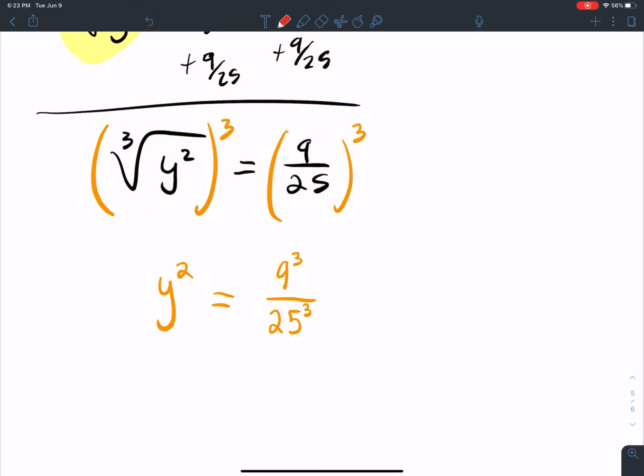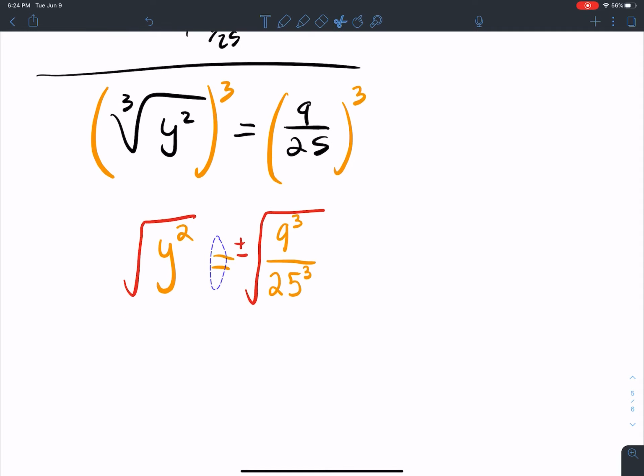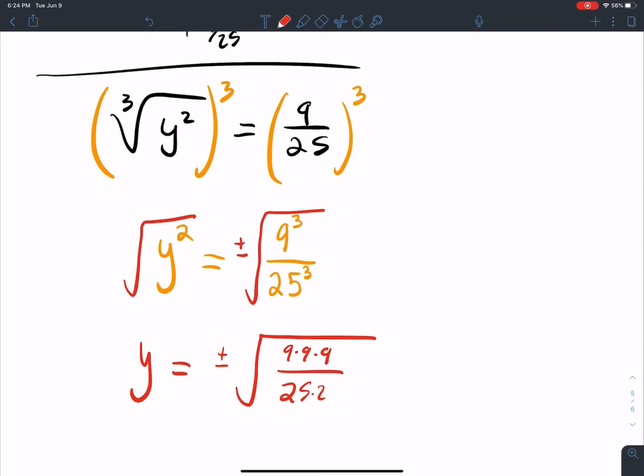Now to get rid of the square, I take the square root. But when I take the square root, I have a plus and a minus. Don't forget your plus minus. That's the most common thing people forget when they take the square root. So y equals plus minus the square root of 9 times 9 times 9 over 25 times 25 times 25.